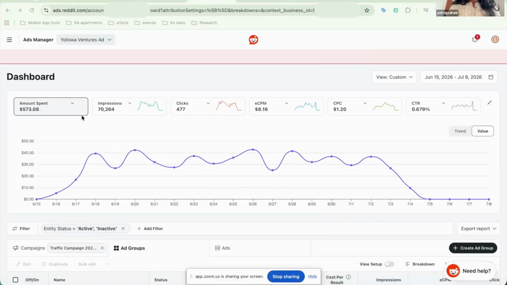So in Reddit, I spent about $573. I got 70,000 impressions for 477 clicks. My average eCPM was $8.16. My average CPC was $1.20. And the average click-through rate was 0.67.